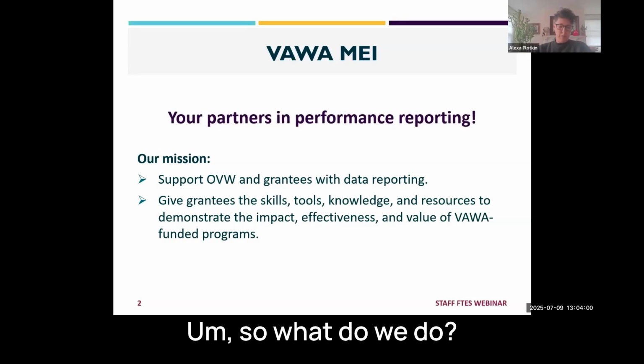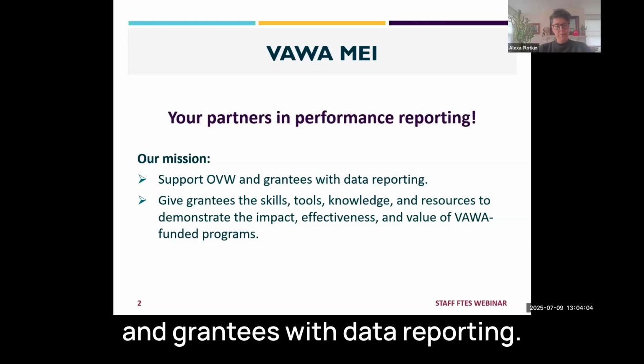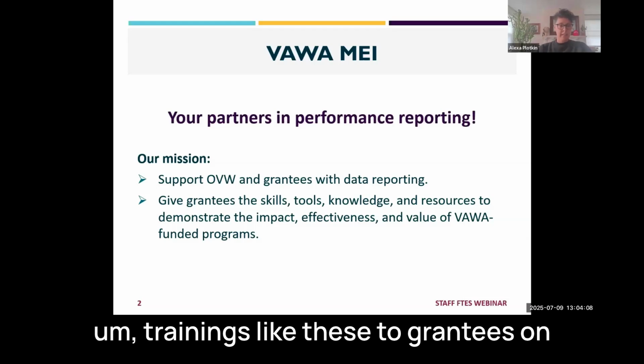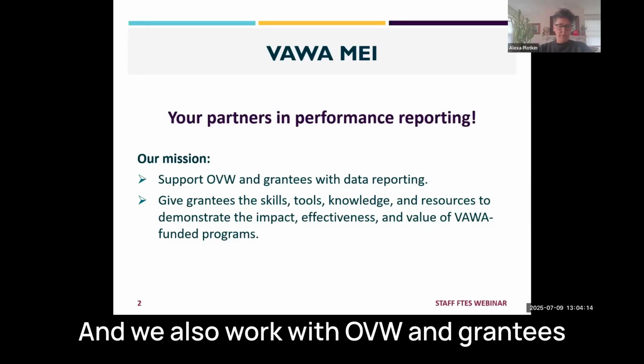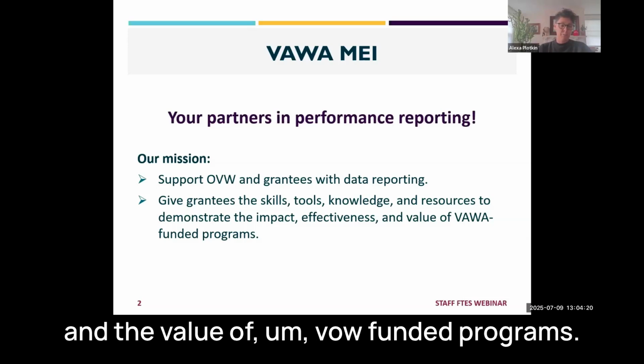We basically support OVW and grantees with data reporting. One of the ways we do that is providing trainings like these to grantees on different aspects of performance reporting. We also work with OVW and grantees to showcase the effectiveness and the value of VAWA-funded programs.